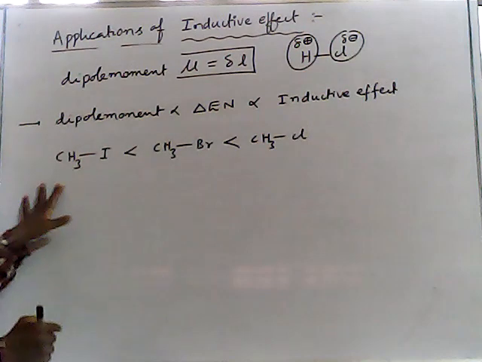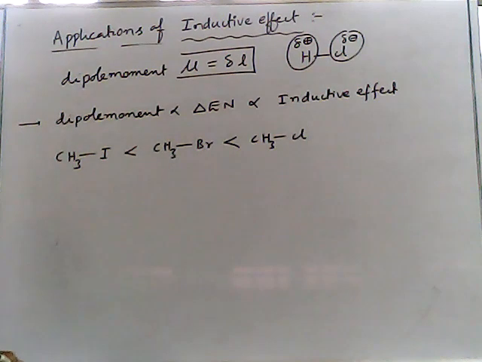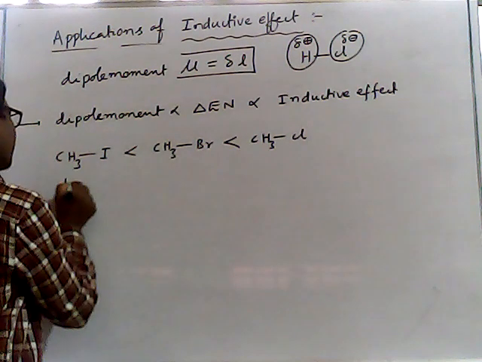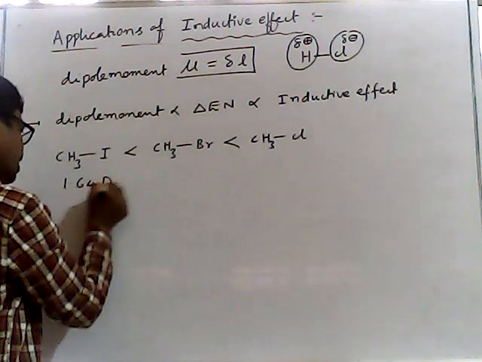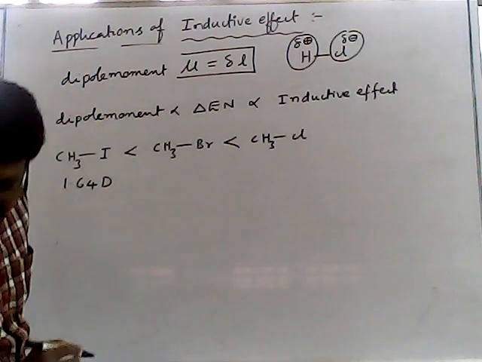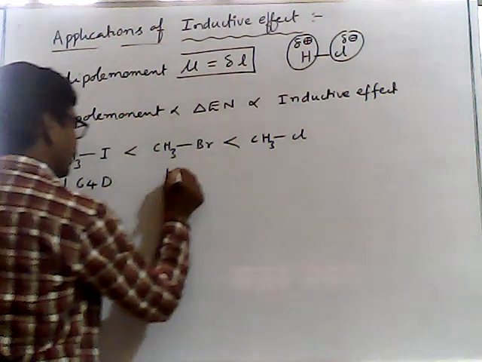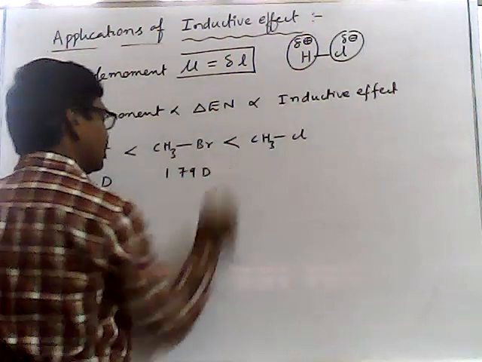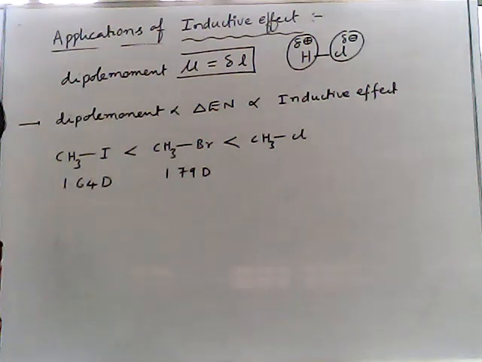As per experimental findings, the values are, with dipole moment unit D: 1.64 D for methyl iodide, 1.79 D for methyl bromide, and 1.89 D for methyl chloride.